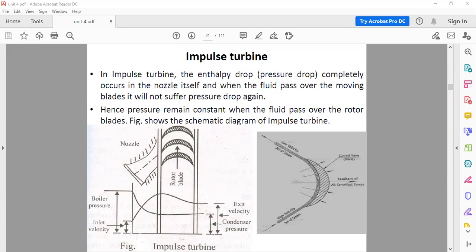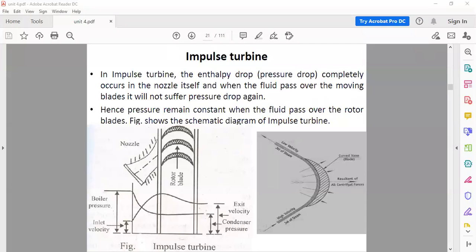After the steam passes through the nozzle and leaves it, the velocity is very high and the pressure is low, which means pressure energy is converted into kinetic energy, and this high kinetic energy impacts on the blades, while pressure is constant over the blades.